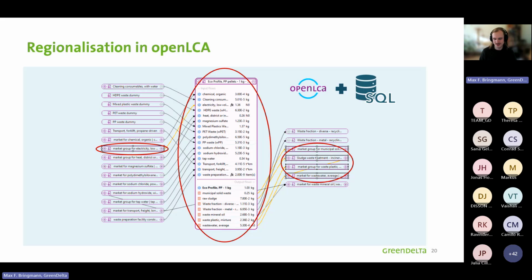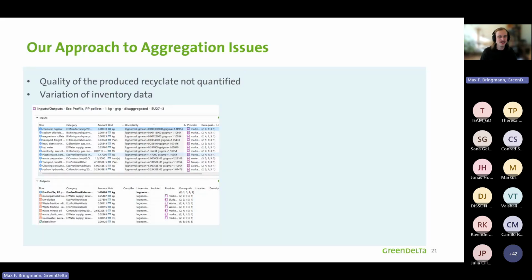And I also want to go to some additional steps that we did in order to make sure that our produced results actually convey the information that we had as well. So once again, you can see the EcoProfile for PP over here. And you can see that we have a number of different inputs, and we have many different processes that actually contribute these inputs in the end, right?